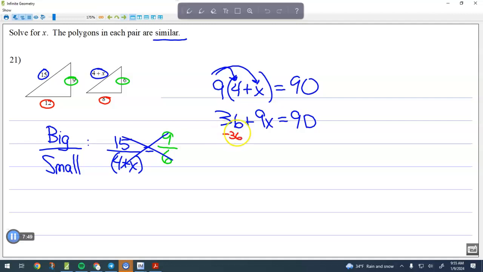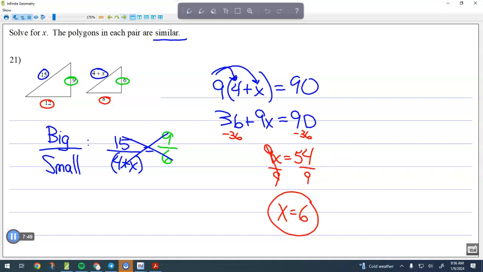Good. 9x equals, that comes out to 54. And then divide by 9, right? Divide by the number next to the x. And you should get x equals 6.